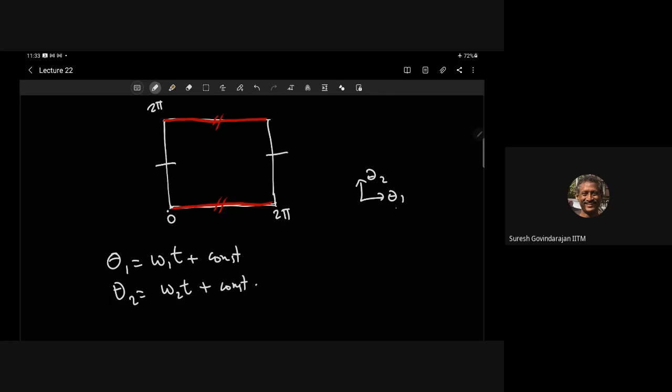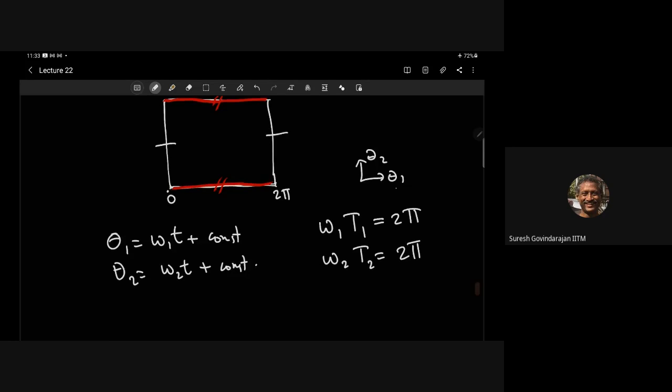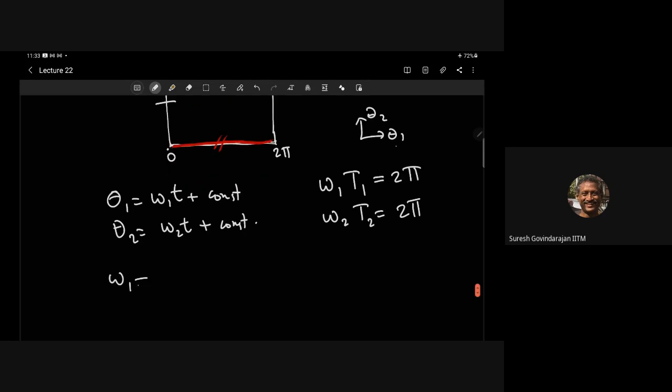Okay, so the thing is that if omega 1 is not equal to omega 2, we'll have two different time periods, right? Omega 1 t1 equal to 2 pi, omega 2 t2 equal to 2 pi. That's when it will come back. So what it says is that if omega 1 is not equal to omega 2, then t1 is not equal to t2. So let's say that for simplicity, t1 say.